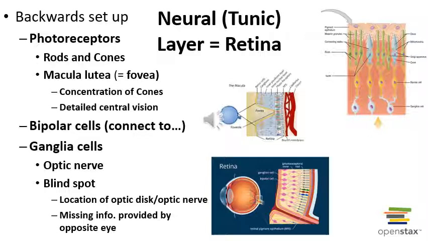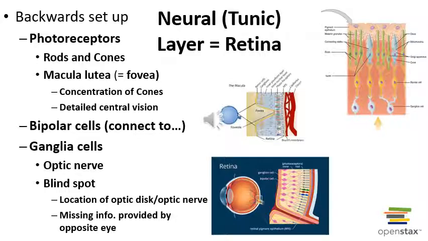So our photoreceptors, those rods and those cones, connect to bipolar cells, which is nothing more than a neuron that has two poles. One pole is connected to the receptor and the other pole is connected to a ganglion cell. And these ganglion cells collectively form the optic nerve.